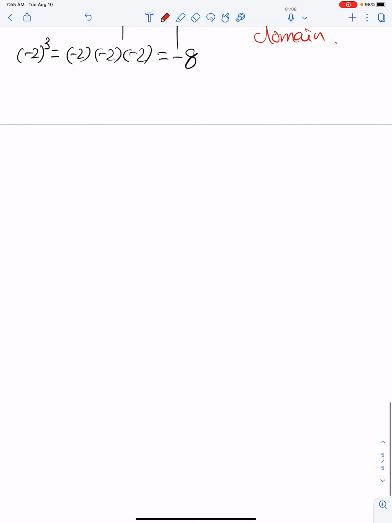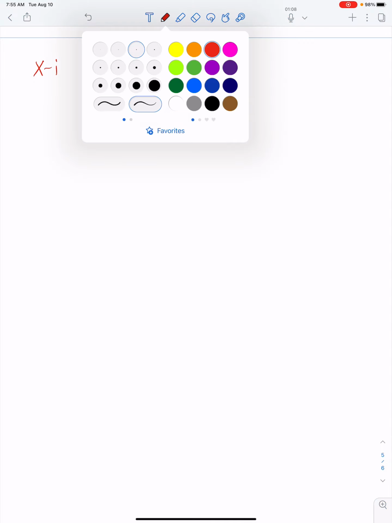Okay, so the next thing that I wanted to introduce is called x-intercept and y-intercept. What does x-intercept mean? It's where the graph crosses the x-axis.